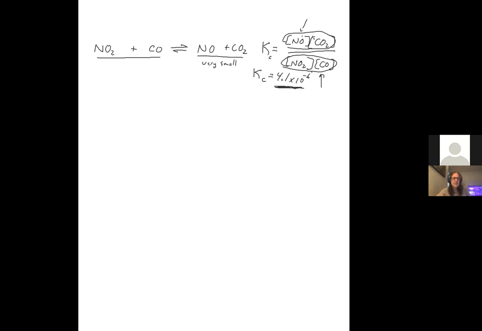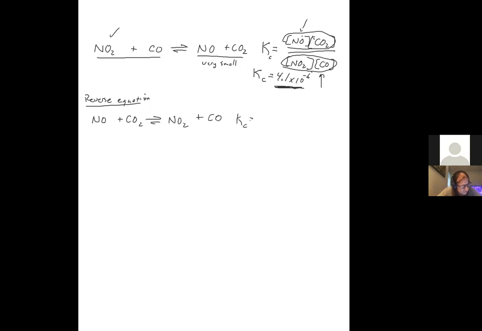Okay. Now, the next issue is they reverse the equation. Okay, so now we have NO plus CO2 goes to NO2 plus CO. That's the reverse. I reversed the equation up here to turn it into that. So here's what happens actually.